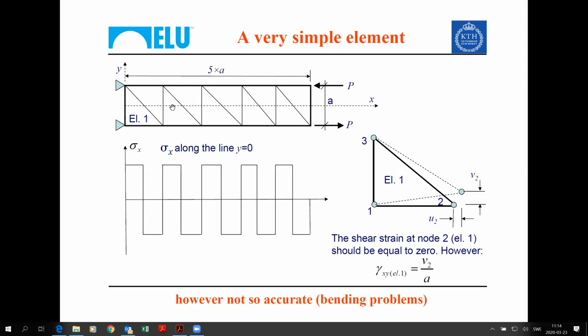Constant here, constant here, constant here. So the only way to reproduce the 0 is this oscillating situation. We might take lots of elements, say 8 or 10 elements on the height, and then we will have a much better approximation for our problem. But if we have such a mesh, then we are not doing too great.